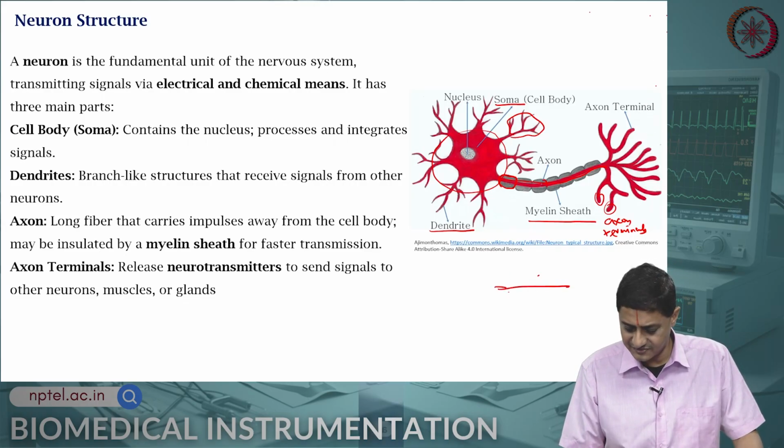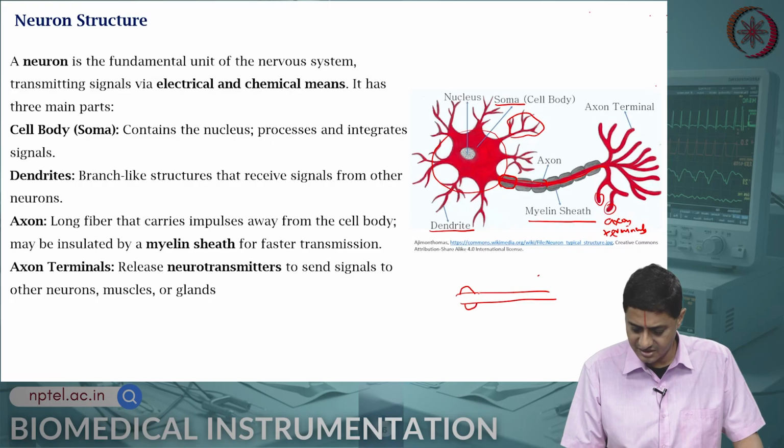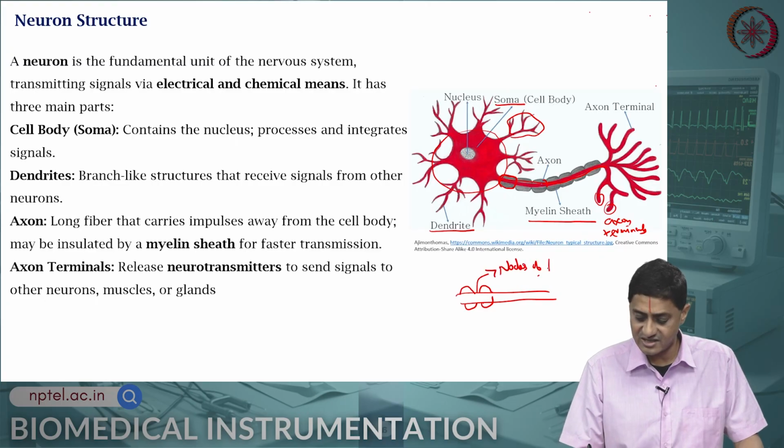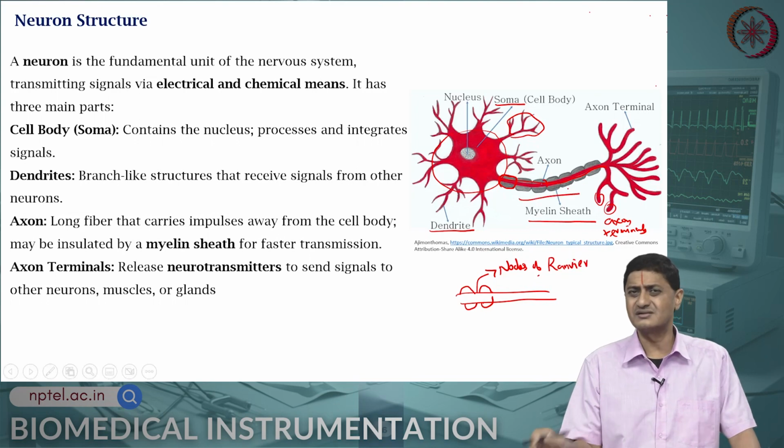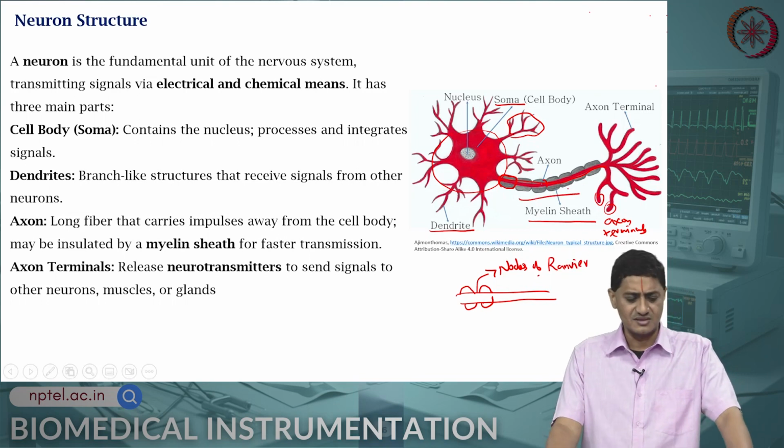Let us say that is the axon, this is one myelin sheath, and then this is the next myelin sheath. In between there are these nodes of Ranvier. In this picture it is not visible, but it is there.